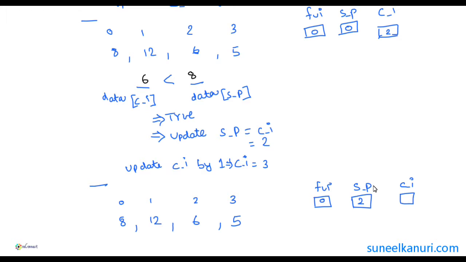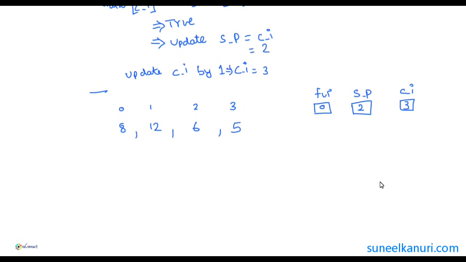So we write 2 here, and our current index is pointing to the last element. That's the element we're going to compare against the smallest element we found so far, which is 6. So our C_i is pointing to the last position in the data set, which would be 3. So I'm going to write down 3 here, and we'll see where it goes.